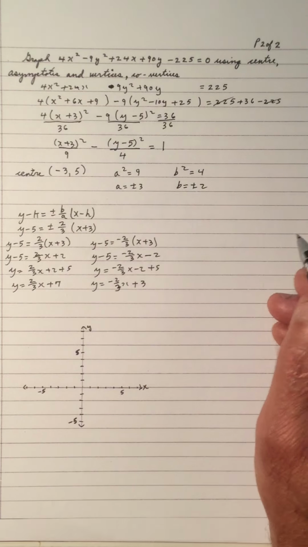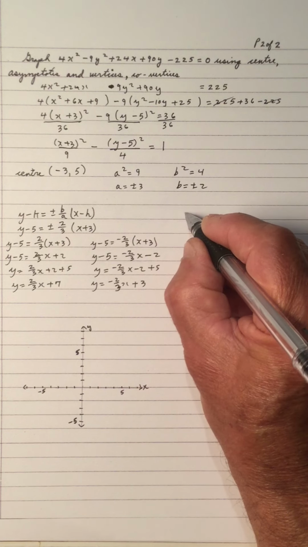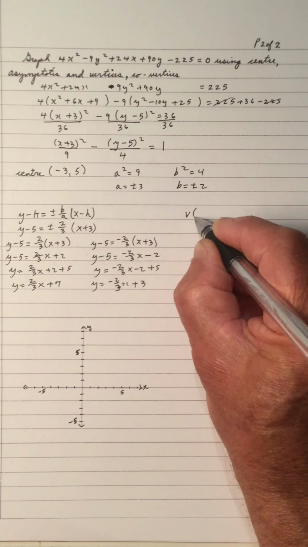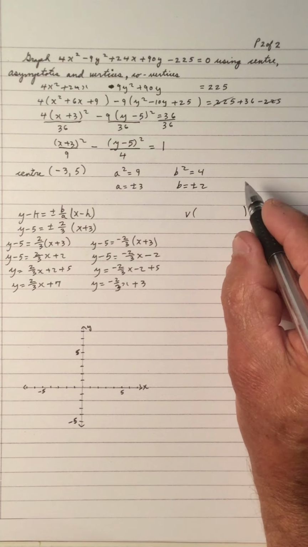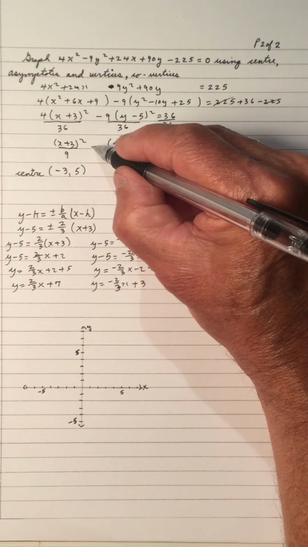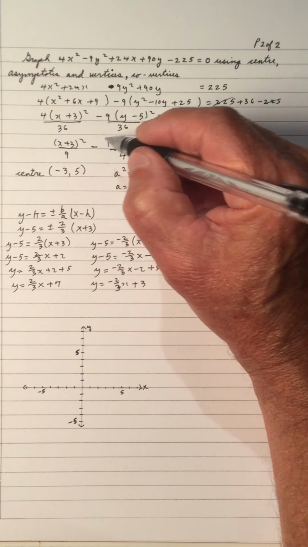And now let's work out the vertices. So the vertices are, we have a negative 3. Notice the x squared is positive, the y is negative.